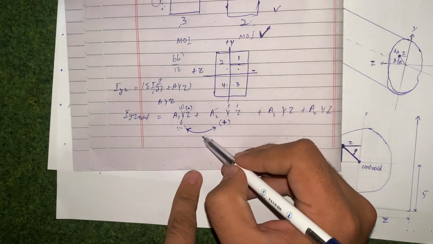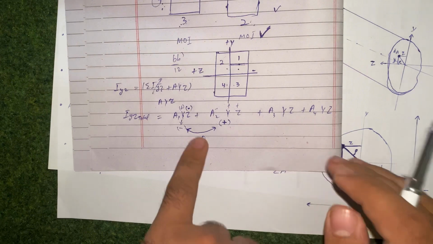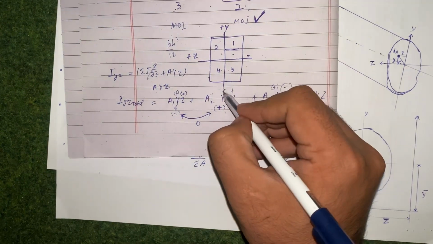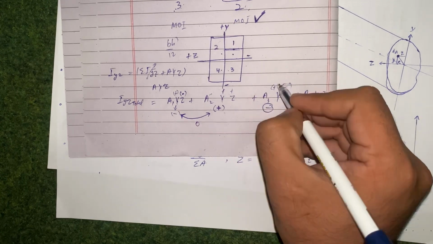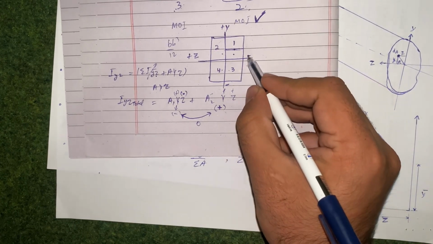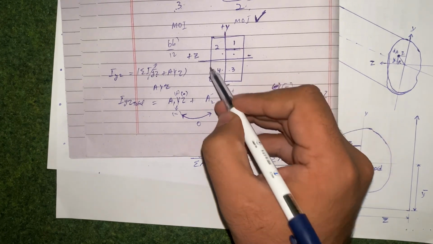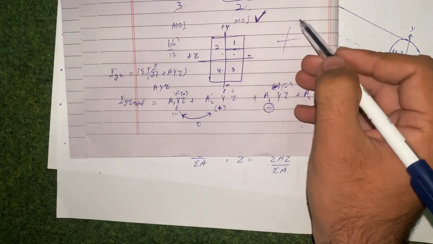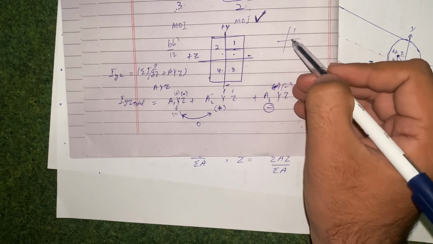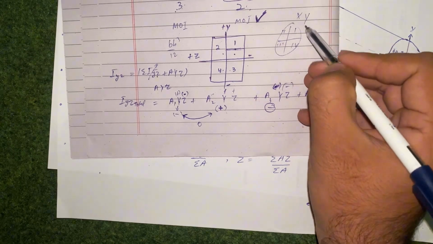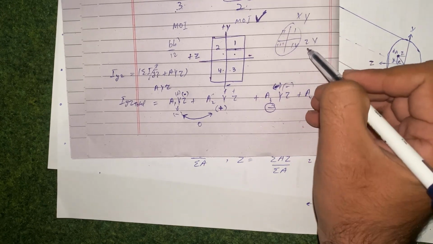It will become zero. In this case, similarly in the third, both are negative. The y is negative, z is also negative. So in the third area, the z axis is also negative. These axes are not just like the x and y axes, in which this was first, this was second, this was third, this was fourth. The y and z axes are different.